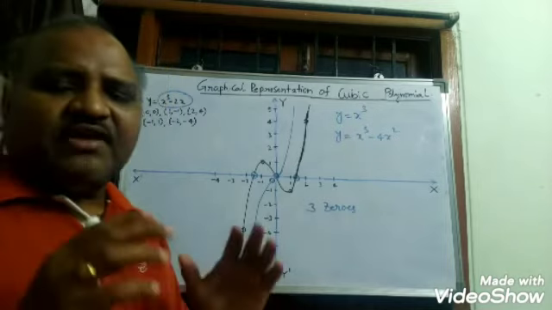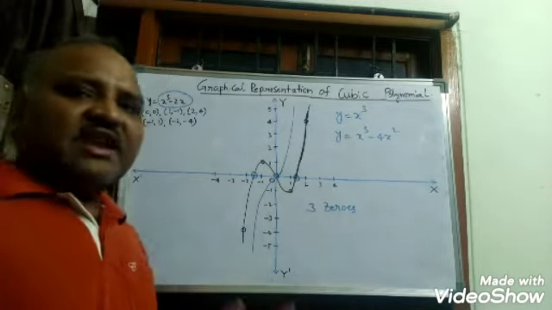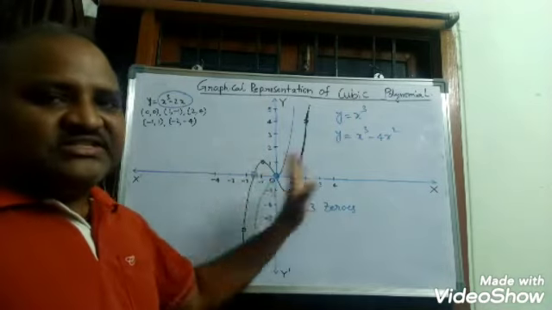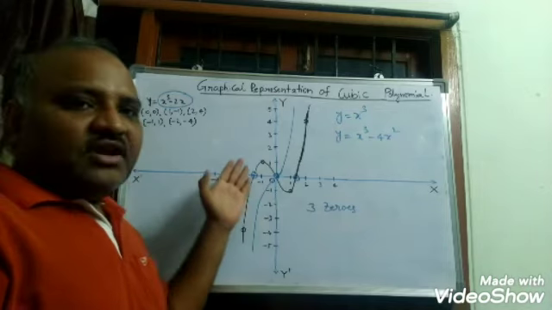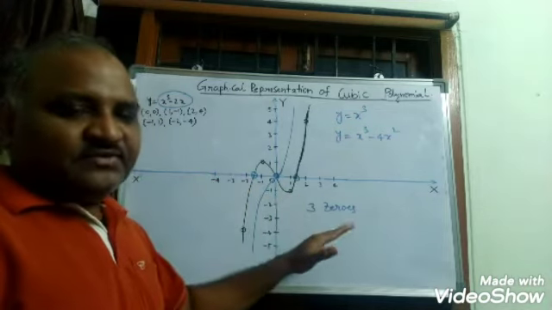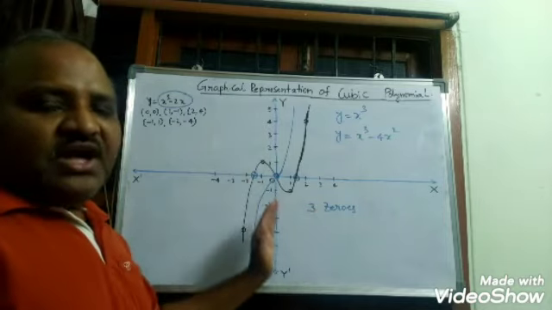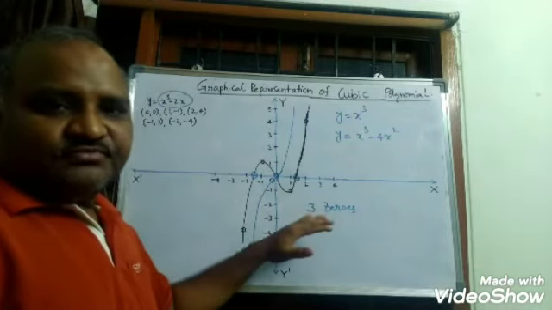So whenever we have a graph, by seeing the graph we can say the number of zeros of the graph basing on this important point. Wherever the graph meets the x-axis, those points can be considered as zeros of the polynomial corresponding to that curve.